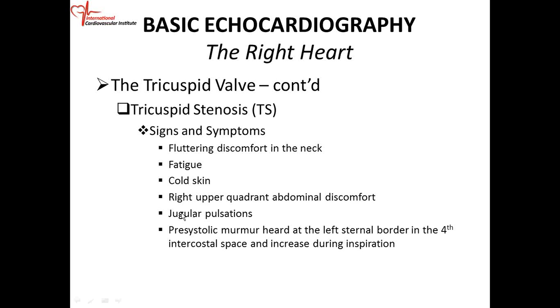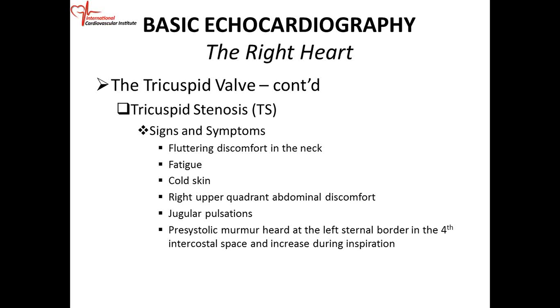Jugular pulsation from the blood building up in the jugular vein, and then you get what we call a presystolic murmur at the left sternal border, the fourth space. So it's a diastolic murmur, okay? Because remember, blood flows across the tricuspid valve in diastole. Because it didn't open all the way, it's stenotic.